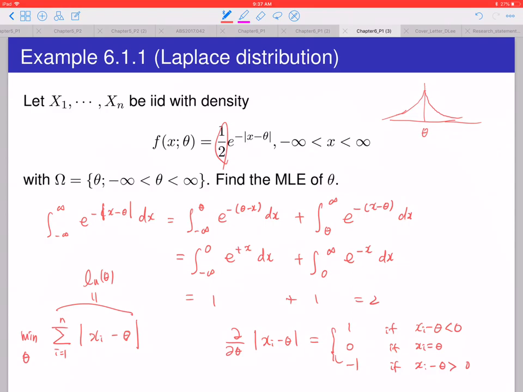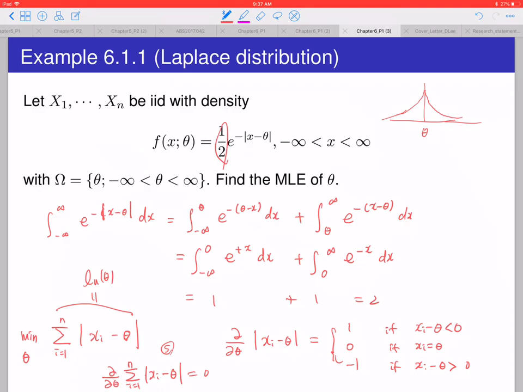So for the minimizer, suppose you have an odd number, like n equal 5. What is the best way? You have 2 minuses, 2 pluses, and 1 zero, so that will make a 0. For an even number you don't have an exact 0, but you have something close to 0.